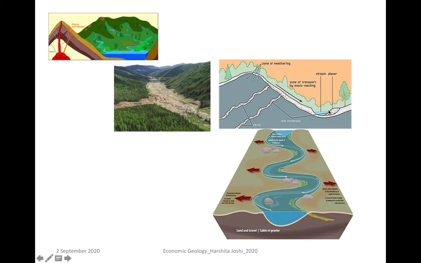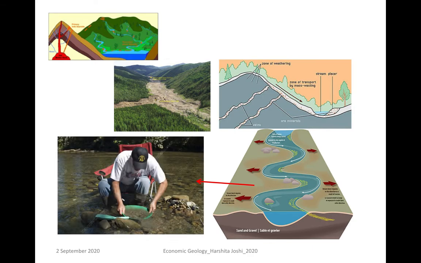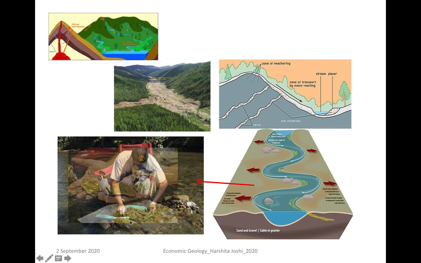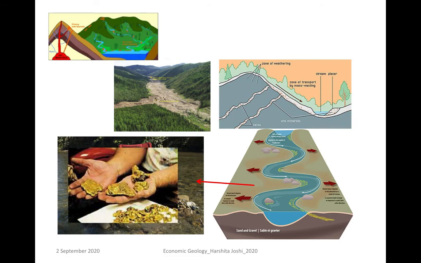We will study about this in detail. So what we can do is we can extract these ores from the placer deposits. We can do panning here, and what we get is nuggets of gold if we are lucky enough and if we have done good prospecting.